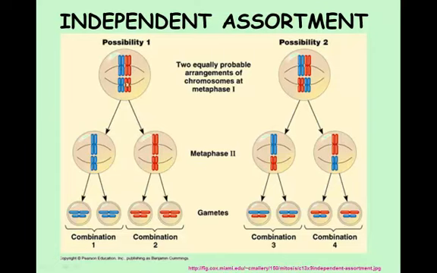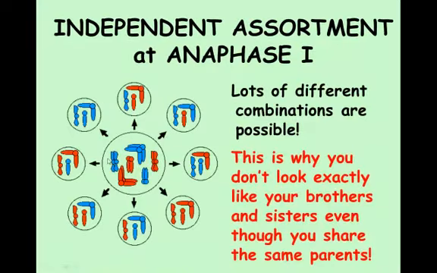These are the maternal chromosomes, chromosome 1 and chromosome 2 that came from mom. These are the chromosome 1 and chromosome 2 that came from dad. When this cell divides now, each daughter cell is going to get one of each kind of chromosome. It's going to get a number 1 chromosome and a number 2 chromosome. But which ones go together into our daughter cells, we have some possible different combinations.